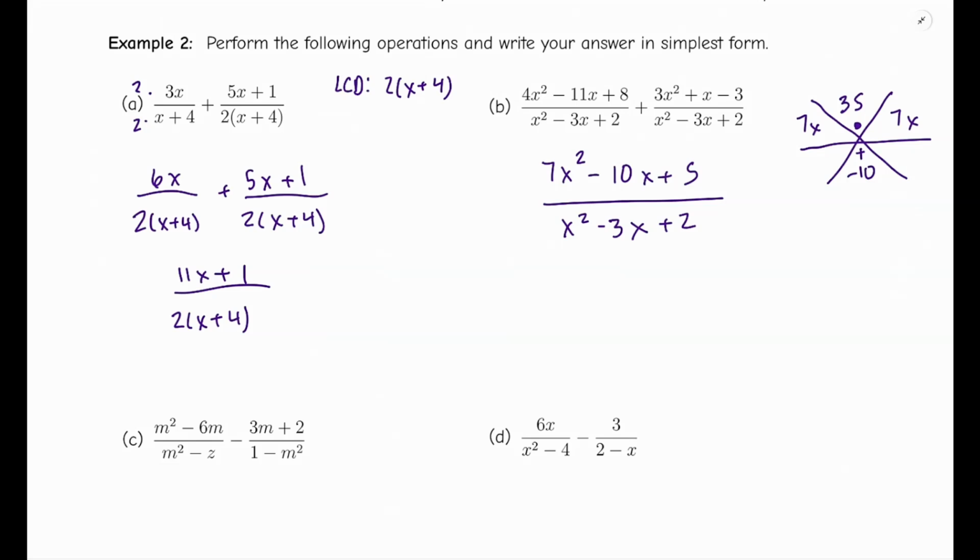Going through it for a little bit, you'll come to the conclusion, because the only numbers that multiply to 35 are negative 1, negative 35, or negative 5, negative 7. Those are the only possible outcomes that would give us a negative sum. And none of those add up to negative 10, so that means it is not factorable. So I cannot reduce this, so this is our final answer.